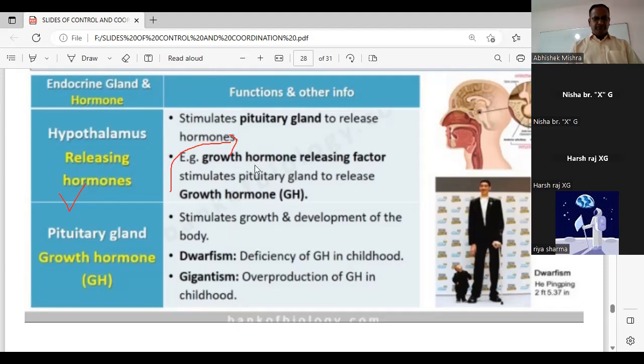Is it clear to all who controls the secretion of the pituitary gland and what the function of the hypothalamus is? Okay, fine.